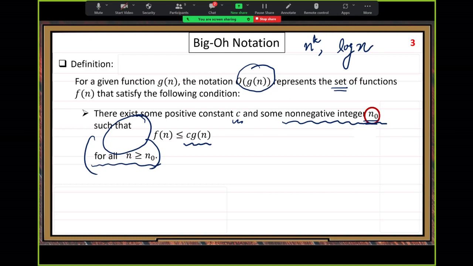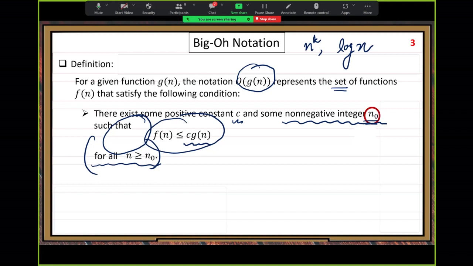You can even choose 1 million if you like. Very large, no problem. But as soon as you choose it, you should fix it. After we choose it, we fix it. Then we look at this inequality.